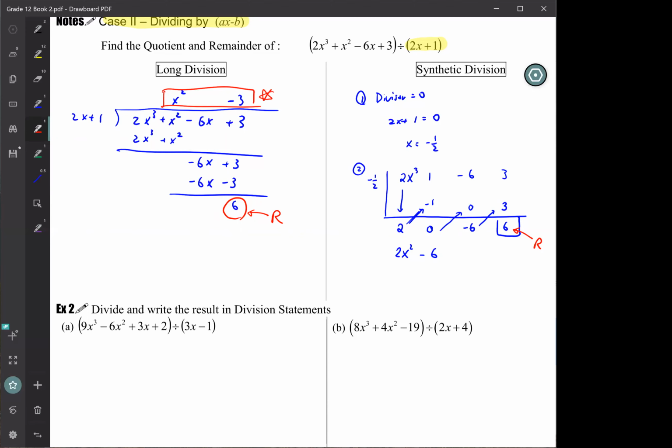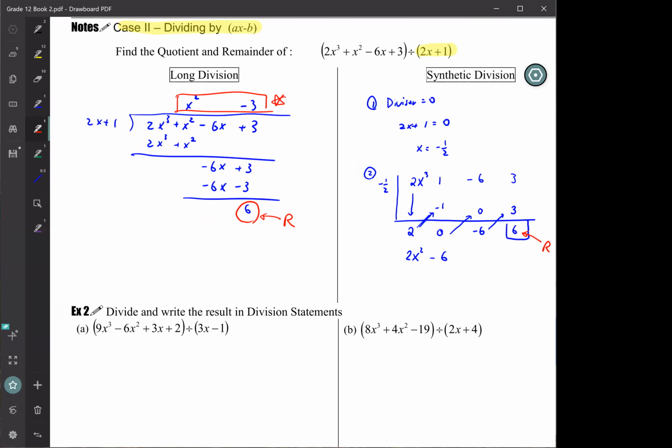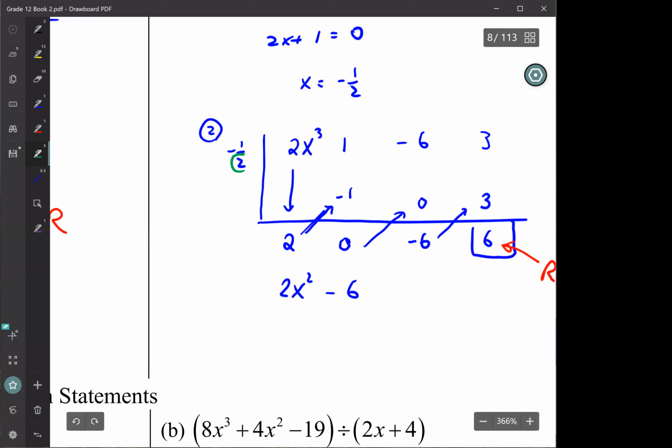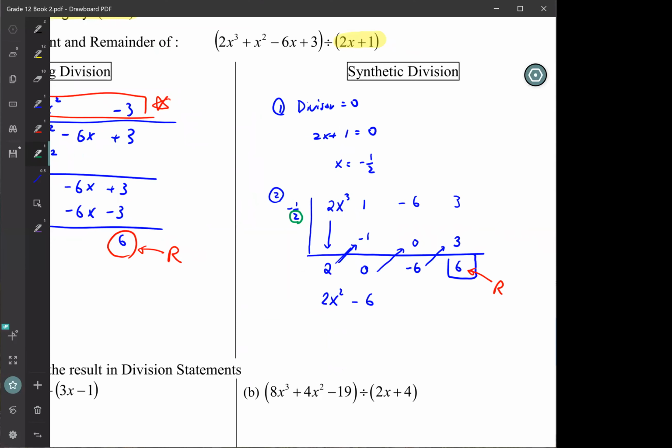Iray, what do you see? It's doubled. Yes, it's double the actual answer, because the number you use on the outside of the box, you have a 2. If you put negative half on the outside, you're actually pretending the divisor was x plus half.